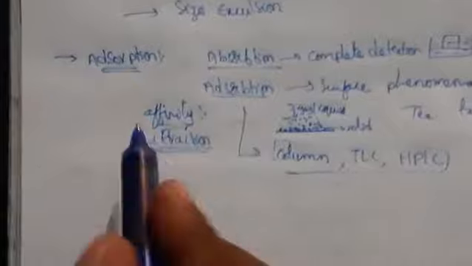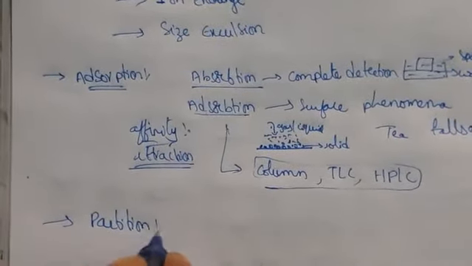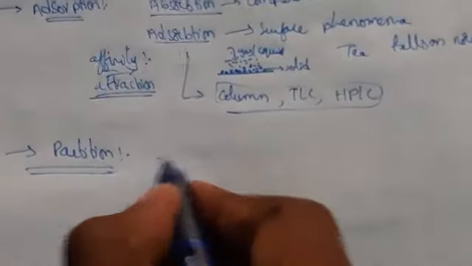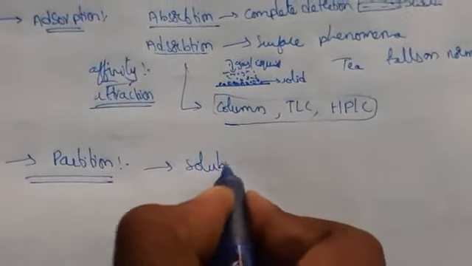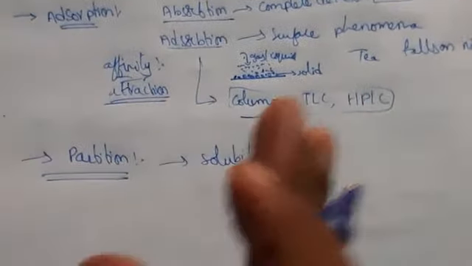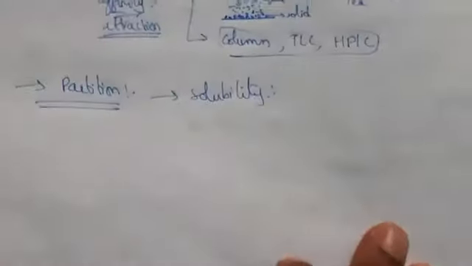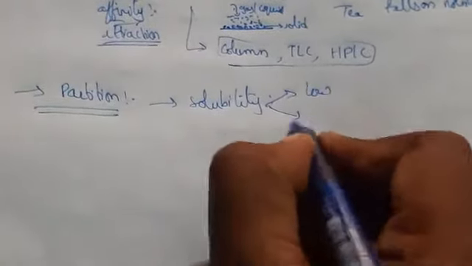Now next, let us see partition. Partition mainly depends upon solubility. In the name itself, partition means separating the components. Solubility can be low or high.